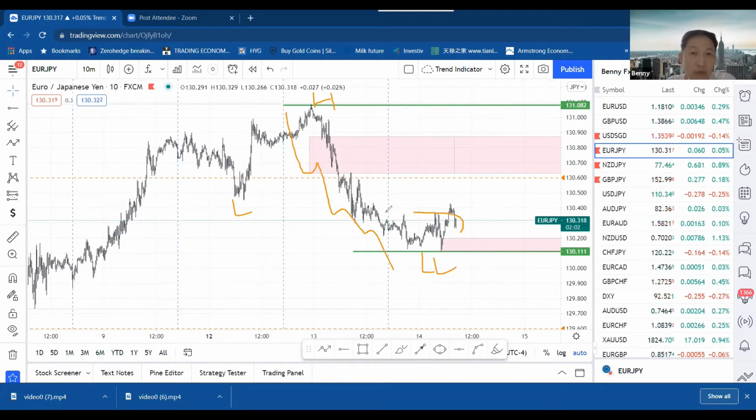So we can see that the bias is down, the price wants to go lower. So if I go and look for a long trade, it is counter trend against what I see right now. What I see right now in such a small time frame, the price simply tells me that you want to go down. You can see that this is a low, then you make a high, then you make a low. So the price right now is here, and this low is taken out by this low. Now, why does the bank want to move the price lower to take out this low and make a lower low?